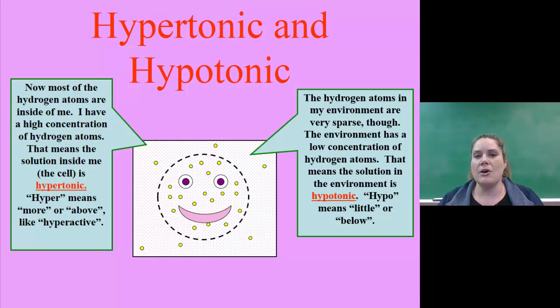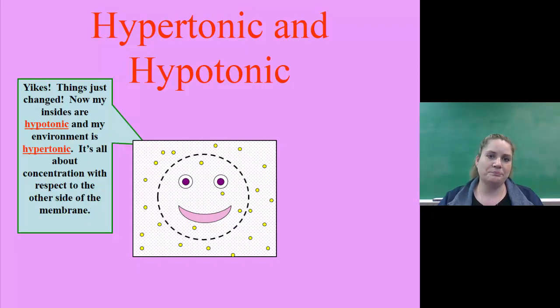No. So you always have to be talking about what something is hypertonic to. The inside of the cell is a hypertonic solution. The outside of the cell is a hypotonic solution, and they are in comparison to each other. So if one is hypertonic, you have to say what it's hypertonic to. Hypotonic outside the cell, hypertonic inside the cell.